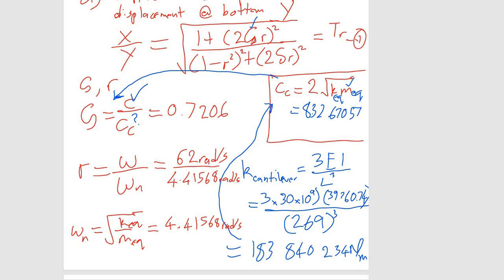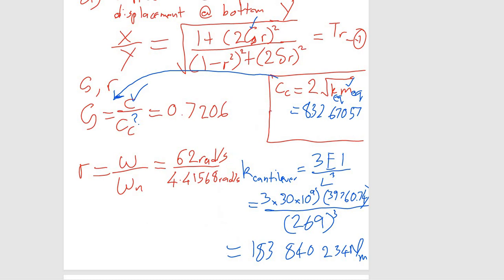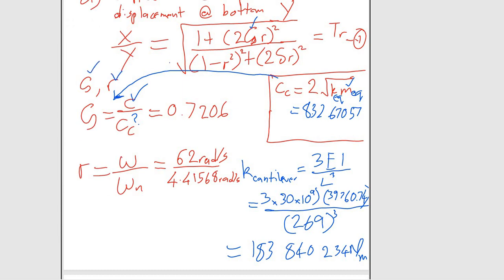Okay, so if I can just quickly erase this small calculation for the natural frequency so that I can have space. It seems like we are making progress. We have now determined what zeta is, and we have r. So now we can substitute the values of zeta and r in equation 1.